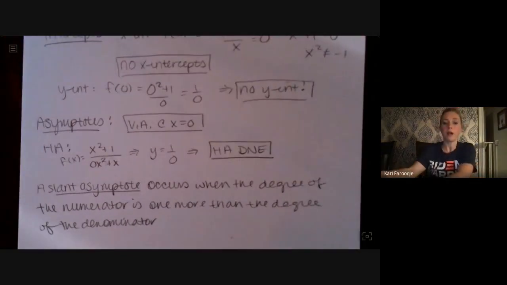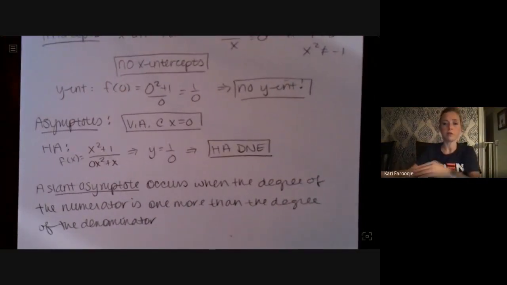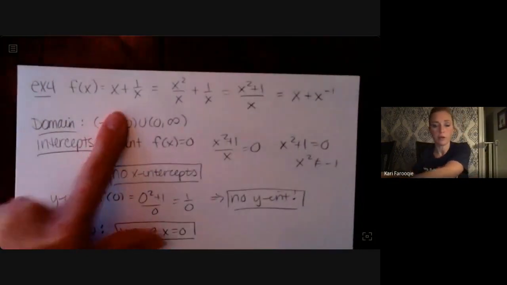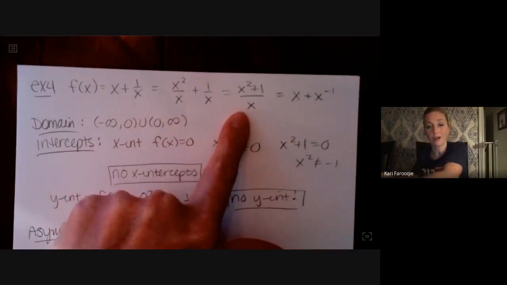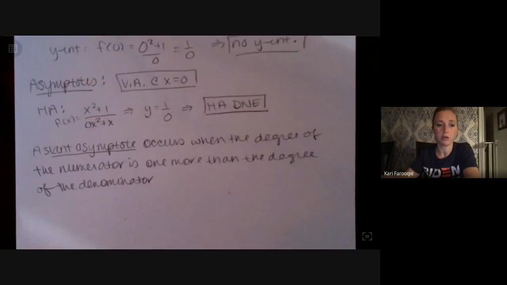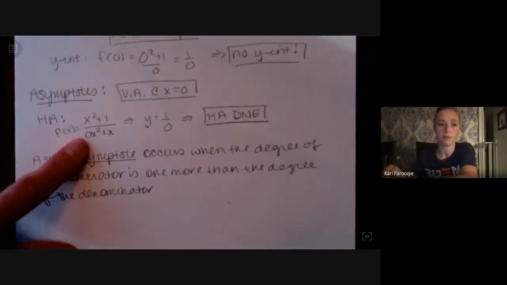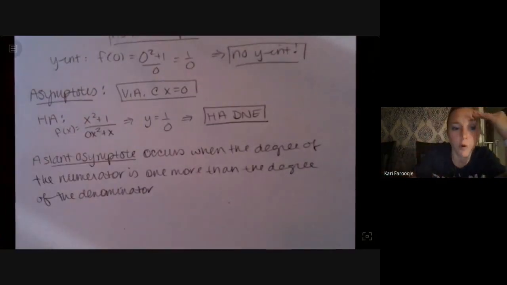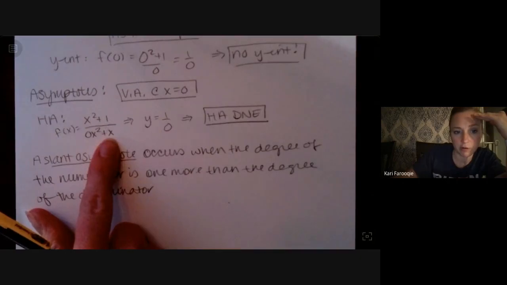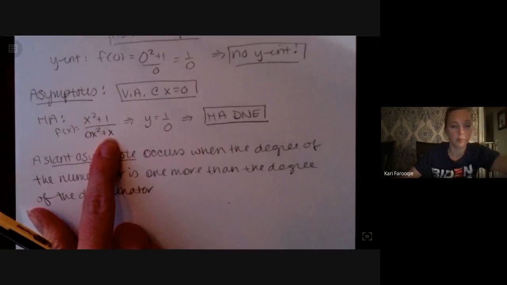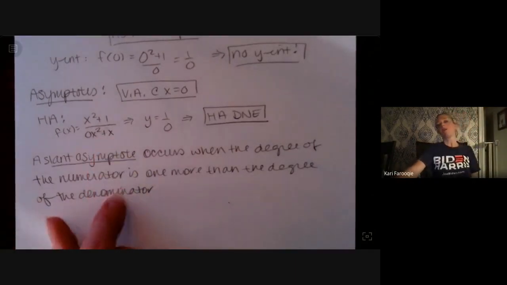And we have that situation here. Now, it would not have been easy to recognize given the way that I presented the function to you. So it's not obvious. You would have to actually rewrite it this way. But note that when you see it in this form, it's very obvious now that the degree of the numerator, and you can see it also here, is 1 more than the degree of the denominator. The degree of the numerator is 2. The degree of the denominator is 1. Remember, the degree is just the highest exponent that you're seeing on your variable.